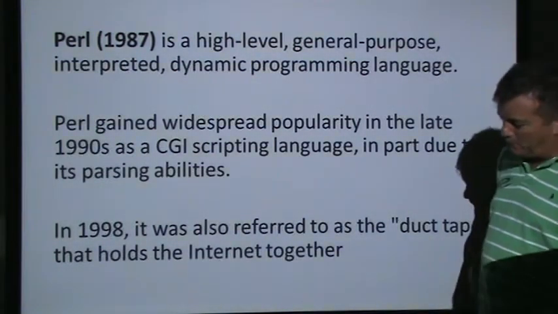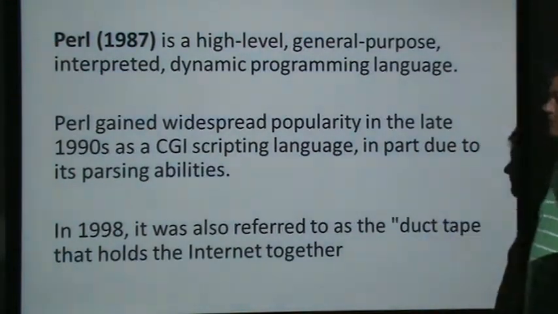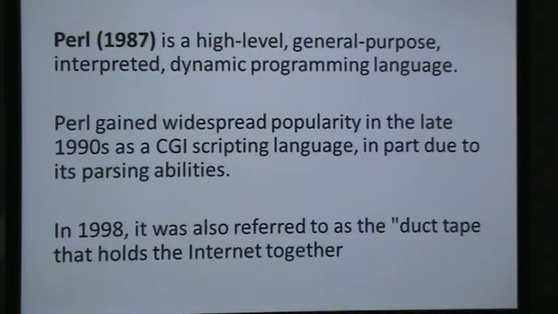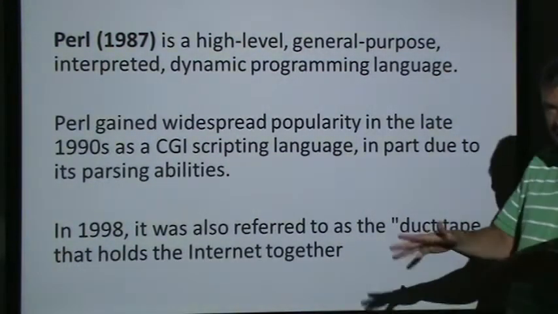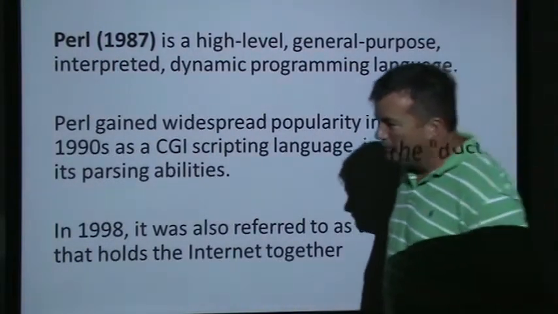In other words, if you wanted to type in a sentence in English and pick out the noun and the verb, it could parse that very quickly. And this became very useful when the internet came out, because all people are doing on the internet is typing words in and then doing searches on those words. So it ends up being a very popular scripting language for that.